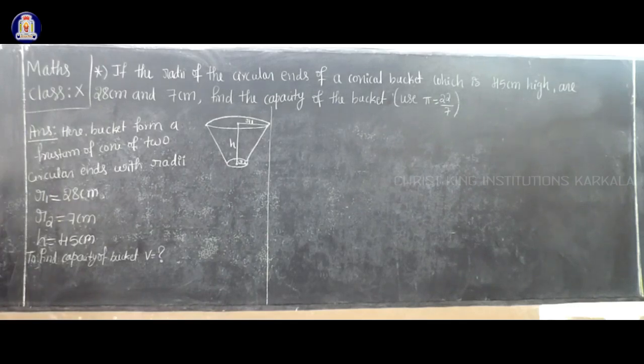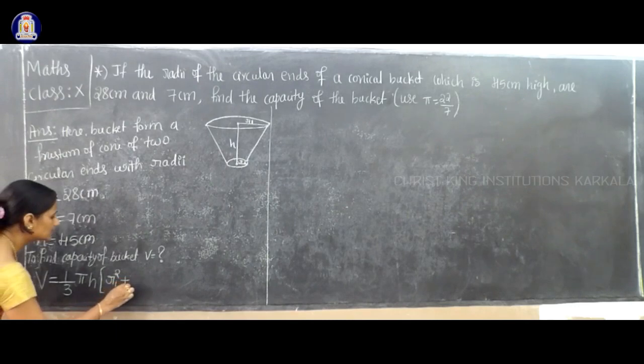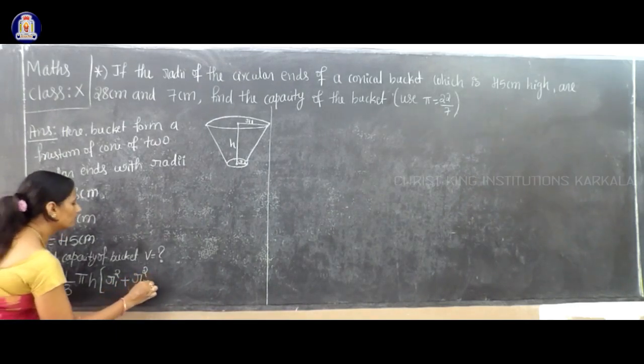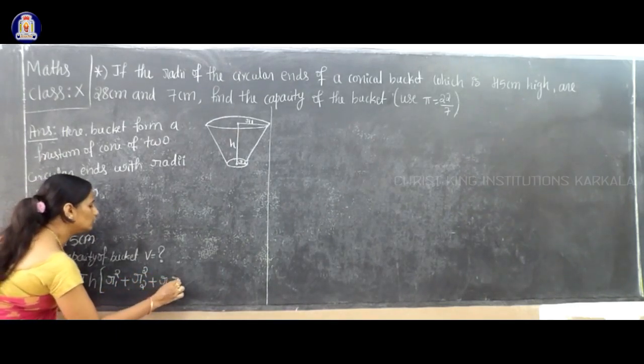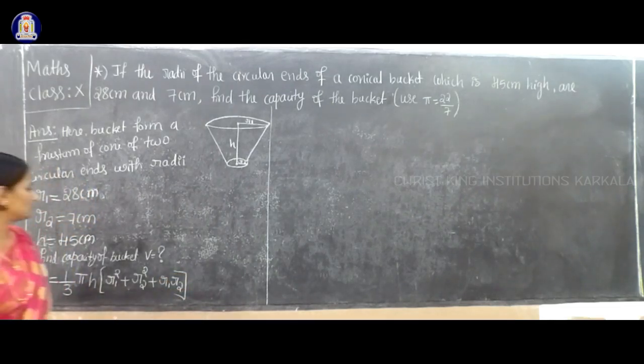Now using the formula, which formula? The volume of a frustum of cone is V equals 1 by 3 pi h (R1 square plus R2 square plus R1 into R2). Now substitution.